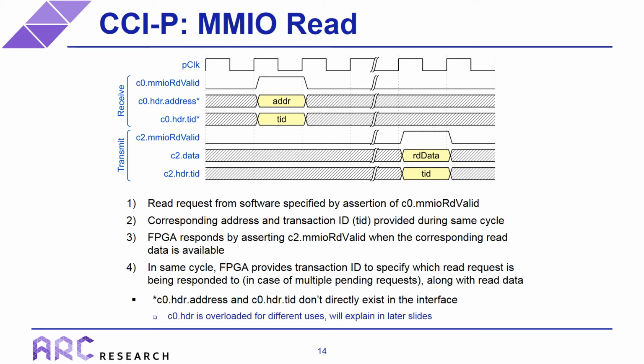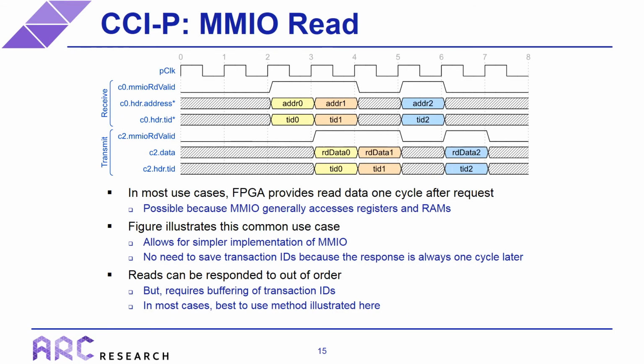So this flexibility gives you the capability of creating more flexible memory maps than you could with a one cycle restriction. However, one important thing to note is that most use cases for AFUs are probably going to be mapping these addresses onto registers, in which case the AFU can respond within a single cycle. And if you can do that, it makes the implementation of memory mapped reads a little bit simpler.